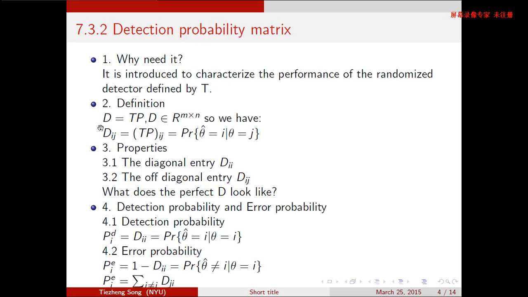So it equals to the matrix T times matrix P, which is the distribution of the data X. So the elements in this D matrix is the probability for we estimate the parameter theta equals to i, given the true value of this parameter equals to j.